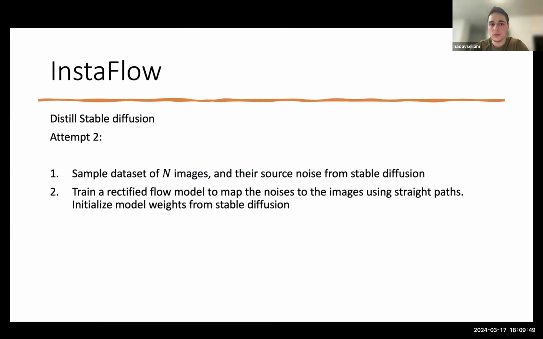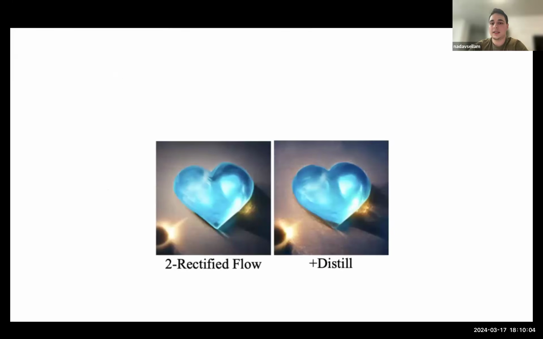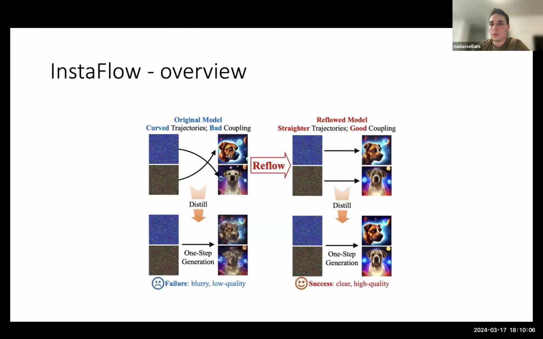We can sample the same data set once again, but this time we would train a rectified flow model, and we would use reflow to straighten the paths that the model takes. We will again initialize the model weights from stable diffusion for faster training, and we will get significantly better results. So what is the overall workflow? We start from the data set we get from the stable diffusion model.